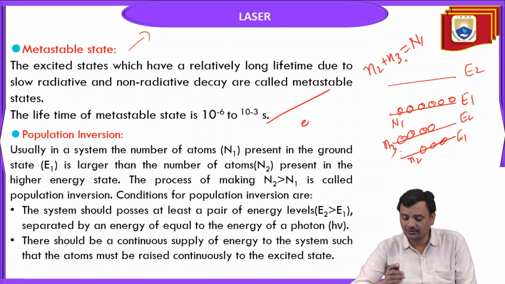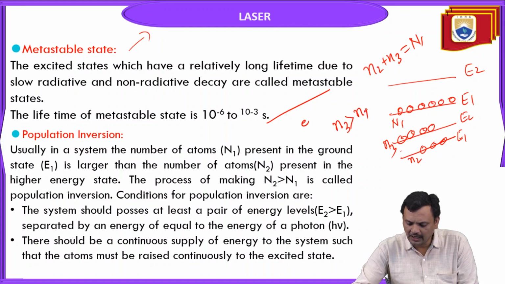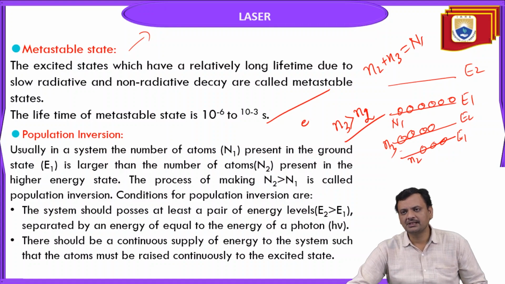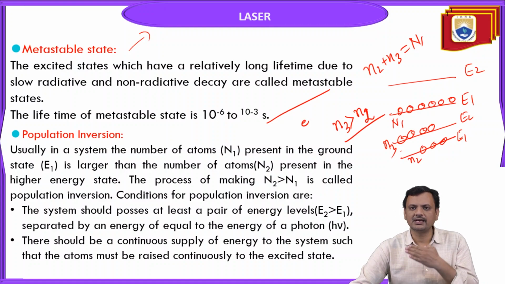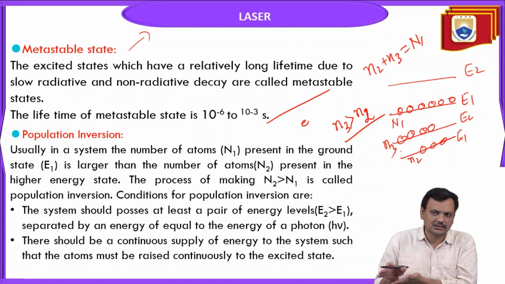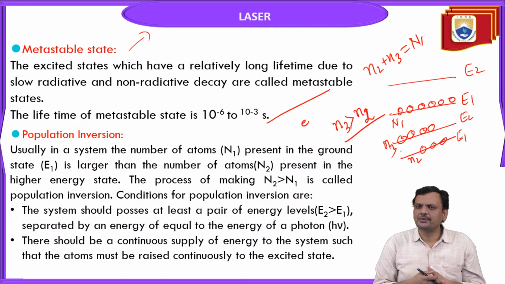Now if a condition is maintained where N3 is greater than N2, meaning the number of electrons in the excited state is greater than the number in the ground state, such a condition is known as population inversion.